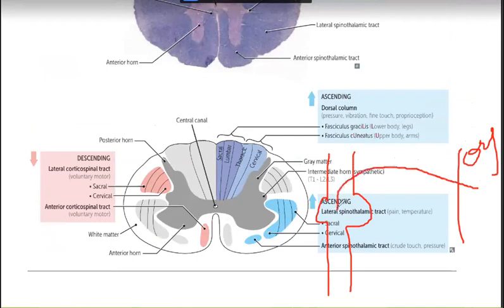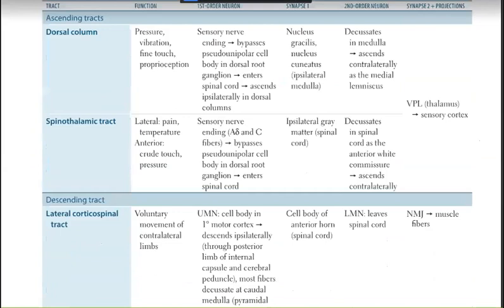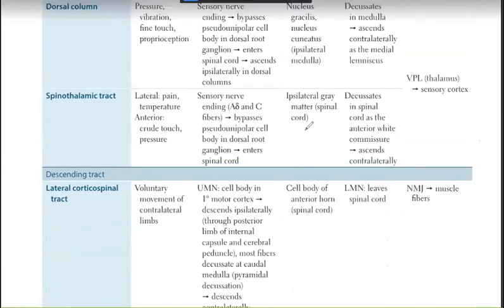It reaches your dorsal root ganglion. From your dorsal root ganglion, it goes to your spinal cord segment, to your gray matter. Let's go back and see this once again. Ipsilateral gray matter, okay? Not at the level of nucleus gracilis or nucleus cuneatus. So make these points clear.